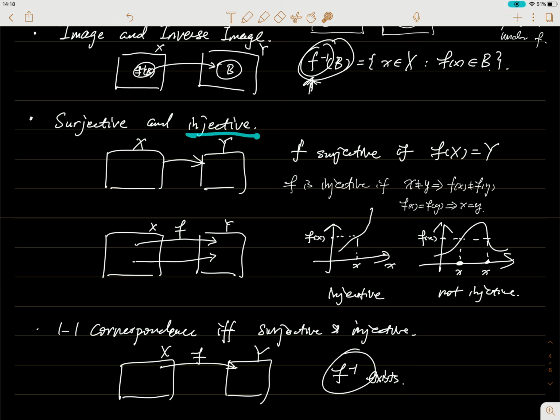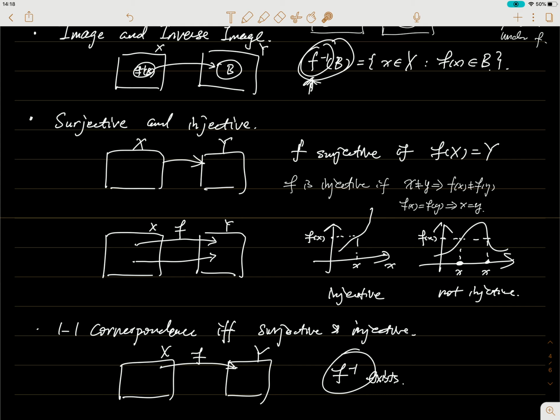And also the function is injective, that means everyone in X must be mapped to a unique point in Y. And also a different point in X will be mapped to a different point in Y. So now you can see why we call it one-to-one correspondence, because it appears that we can have a correspondence between every pair of points in X and Y. Okay, so if the function is both surjective and injective, then we call it one-to-one correspondence.